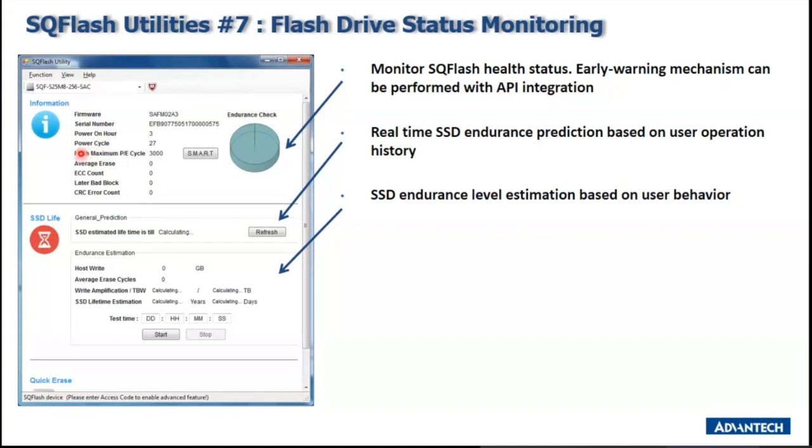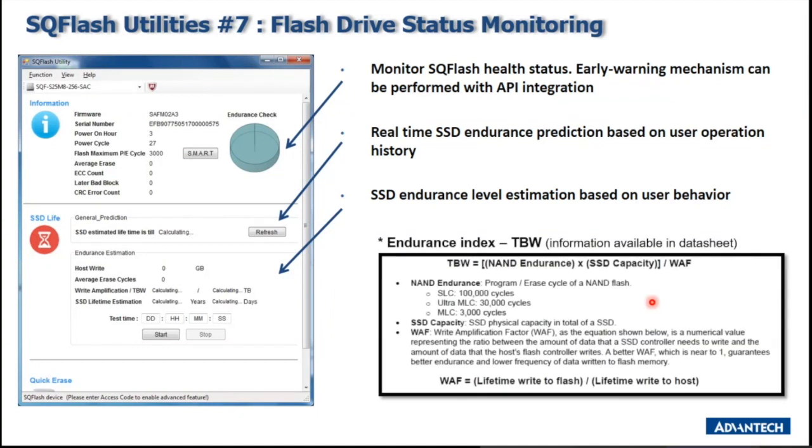As you can see, your firmware, your serial number, power on hours, temperature, lifetime predictions, and so on. With this information, you can understand your SSD conditions better, and you can also activate any contingency plan or measurement when necessary. You can also optimize your risk assessment and spare part inventory management to make your system truly reliable.